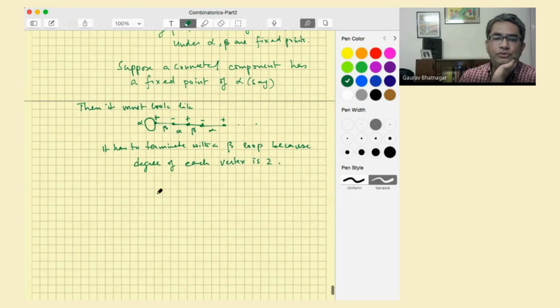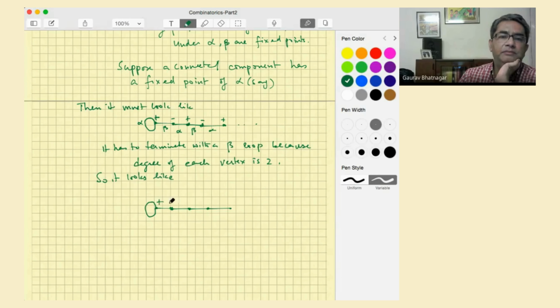So it has to stop, so somewhere here this is plus, minus, plus, minus, plus, minus, plus, and then it has to be terminated by a beta loop like this. So it has to be of this kind.